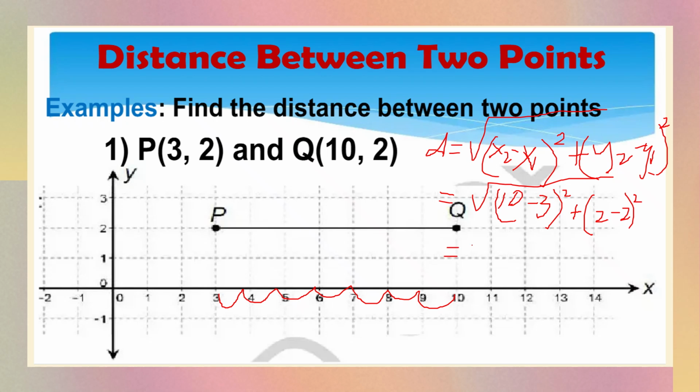So we got the square root of 7 squared plus 0. That's the square root of 7 times 7, which is 49. And the square root of 49 is equal to 7. So our assumption is correct. So the distance is 7 square units.